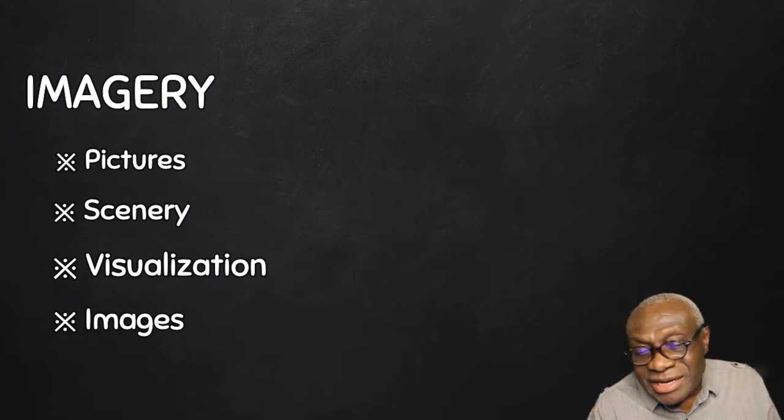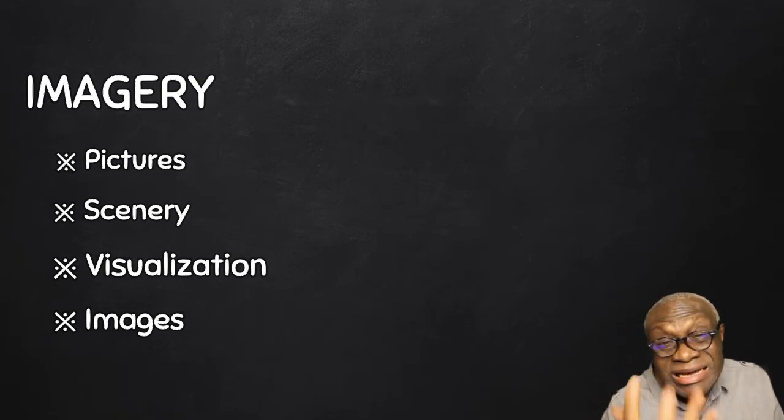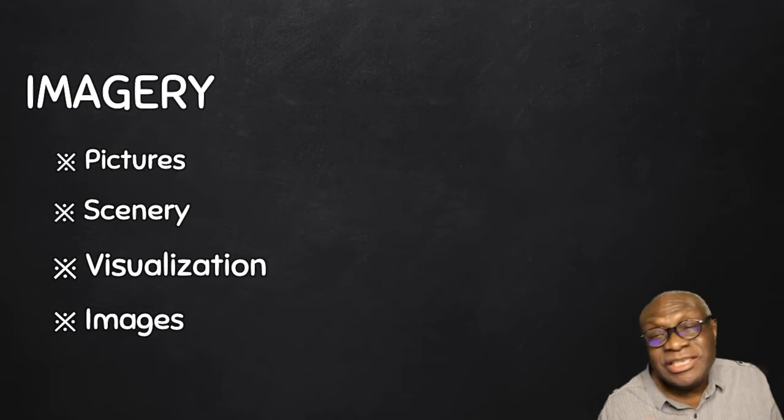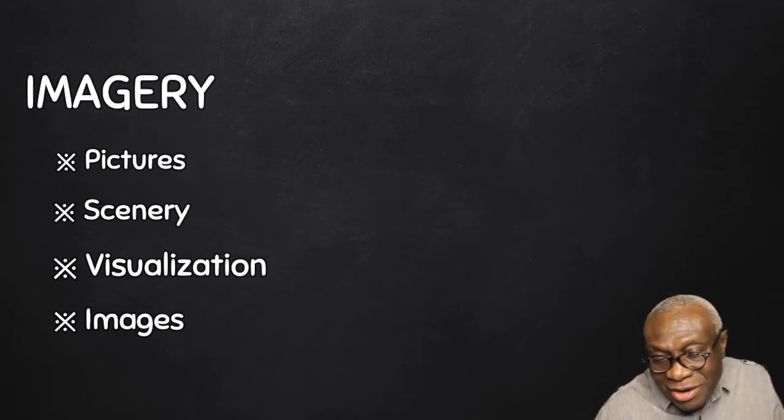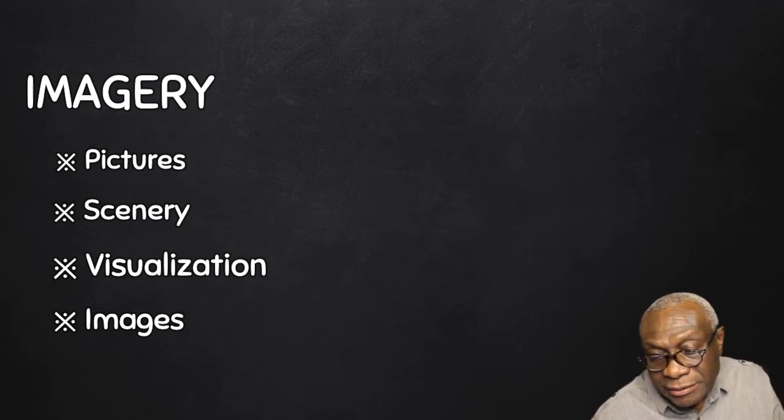When you are reading a book or listening to someone speaking, you are analyzing the language that the person is speaking or has written. You must be able to see clearly in your imagination, otherwise you will come across problems. So imagery is just what you see. Which images or pictures do you see?